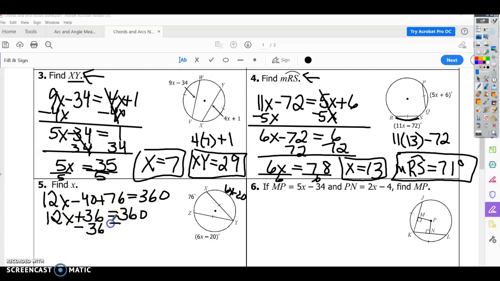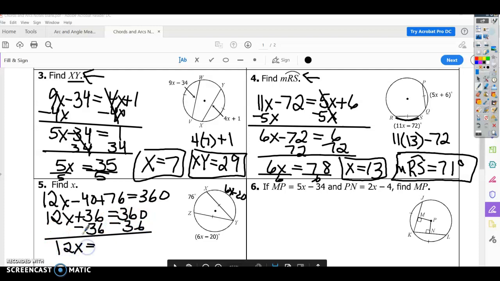Let's subtract 36. 360 minus 36 is going to be 324. And when you divide by 12, x equals 27.